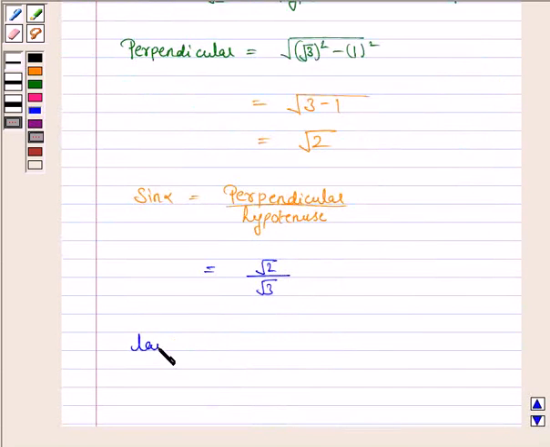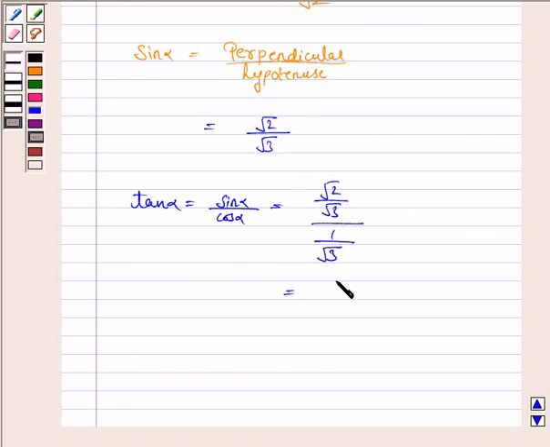So tan alpha is equal to sin alpha upon cos alpha. Sin alpha is root 2 by root 3. Cos alpha is 1 by root 3. So this is equal to root 2 by 1, which is equal to root 2. And this is what we had to prove.